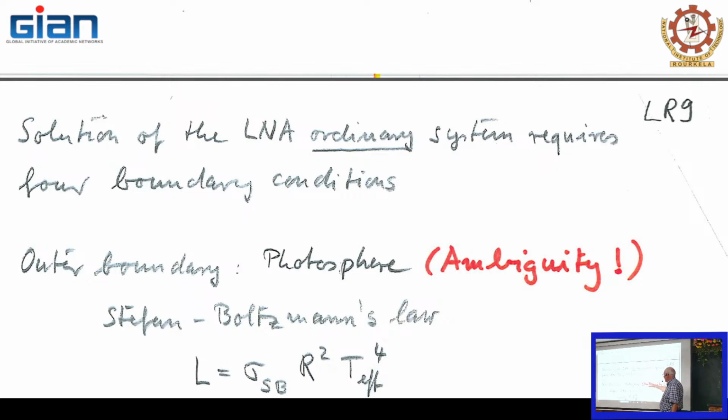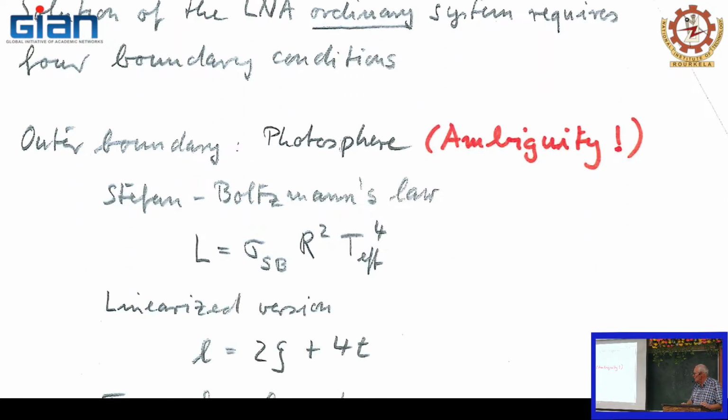The outer boundary of our model is the photosphere, and for the photosphere we usually require the validity of the Stefan-Boltzmann law, saying that the luminosity is proportional to r squared times the effective temperature to the 4th.